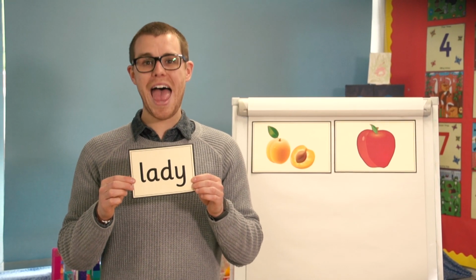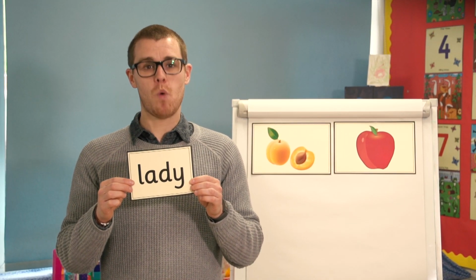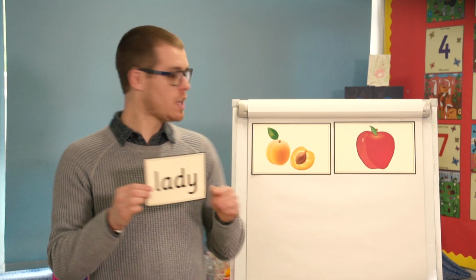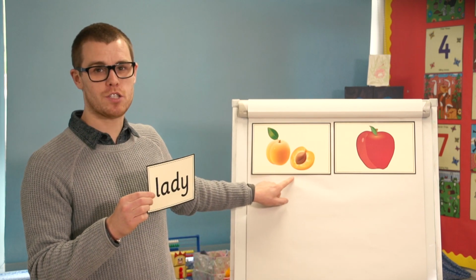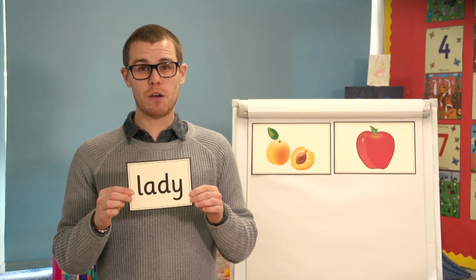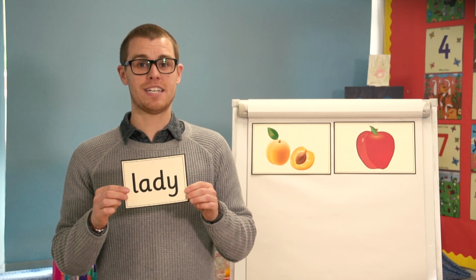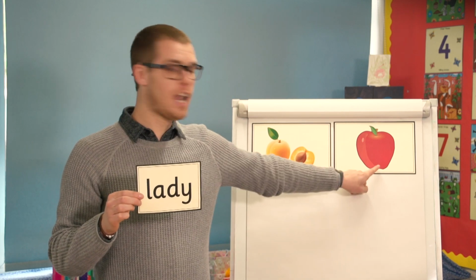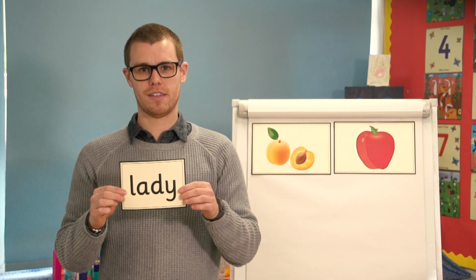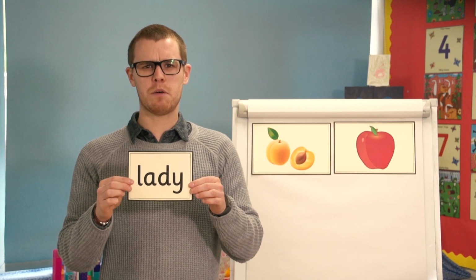Shout out A if the word has an A sound, like in apricot. Shout out A if it has an A sound, like in apple. Help me work it out.